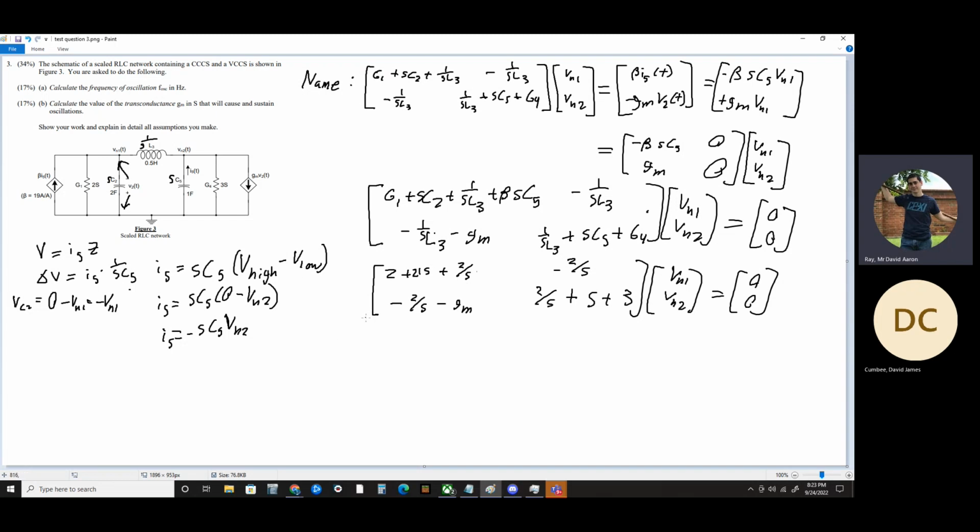And so now we're going to do the multiplication. And this is going to turn into plus 2 over S.